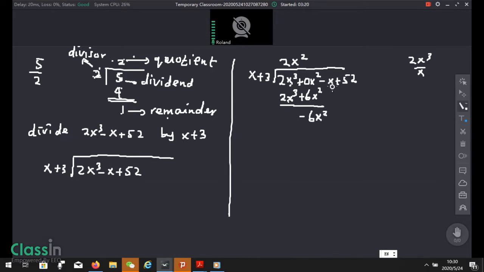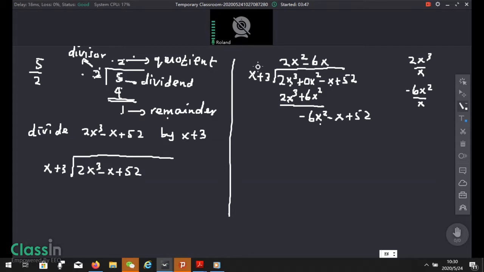Remember, we are left with negative x plus 52. We can repeat the procedure again. Just like we divided 5 by 2, we divide negative 6x squared by x, and that will give us negative 6x.